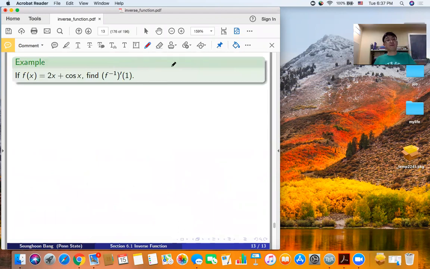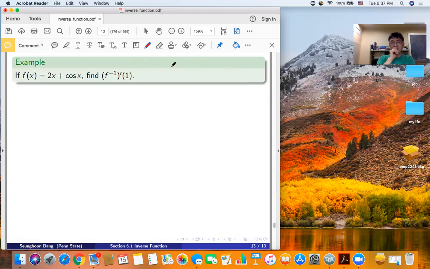So is f of x equals 2x plus cosine x 1-to-1? Do you have any idea? Yes or no?